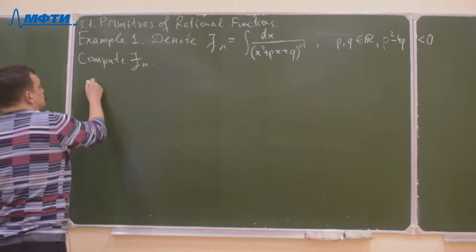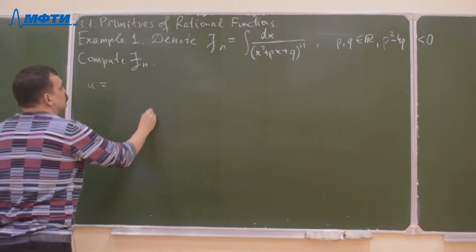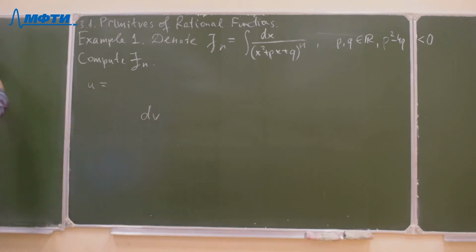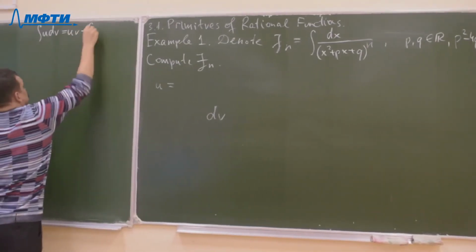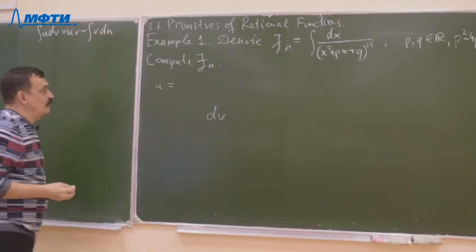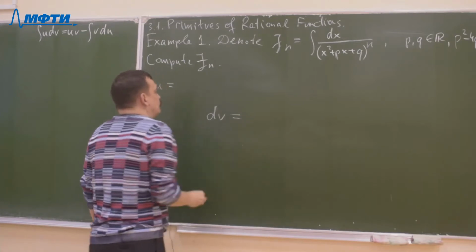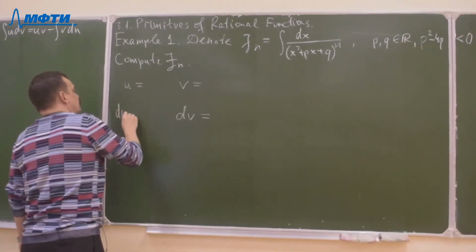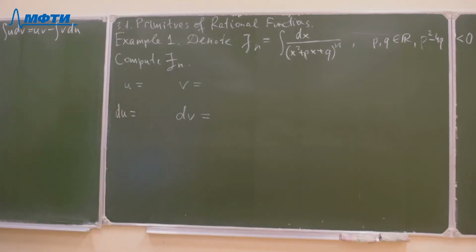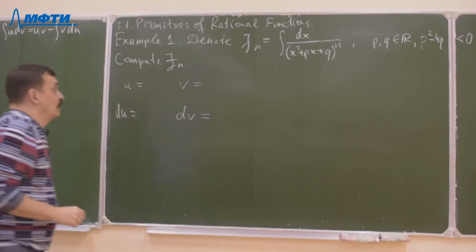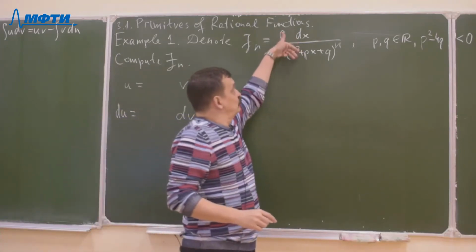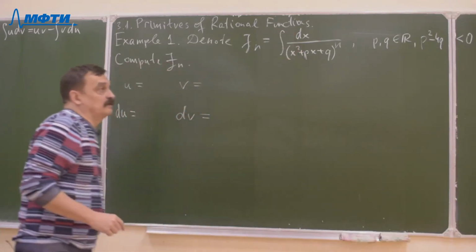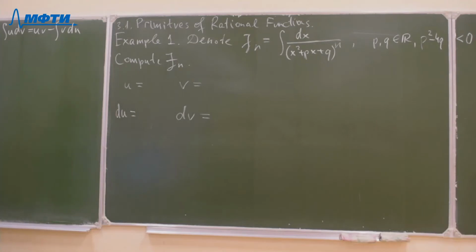As usual for integration by parts, let me recall the formula. We should prepare a table for this integration. So we should choose what is u and what is dv.